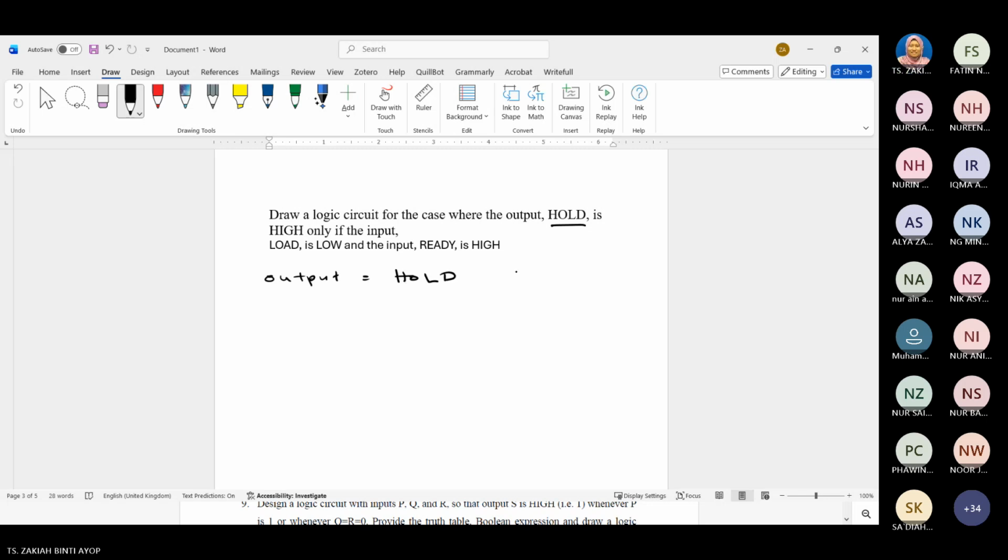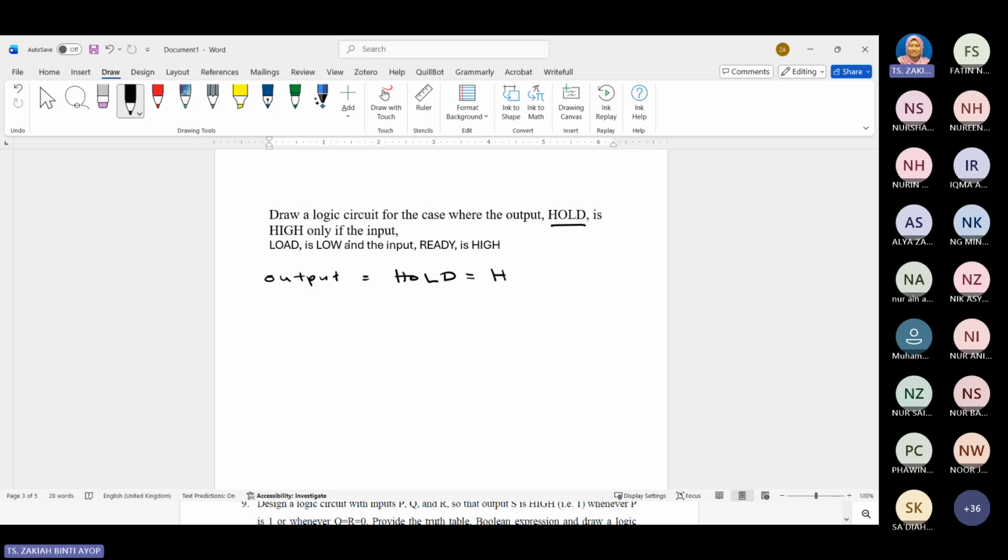If you want to use a variable, in this case they use a word, HOLD. So if you want to represent it using a character, you can just write HOLD is equal to H. That makes it easier for you to remember.